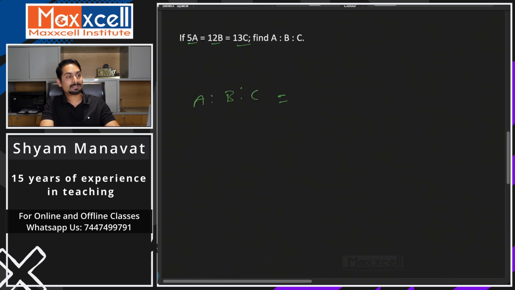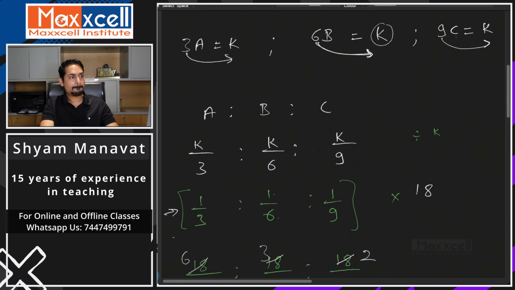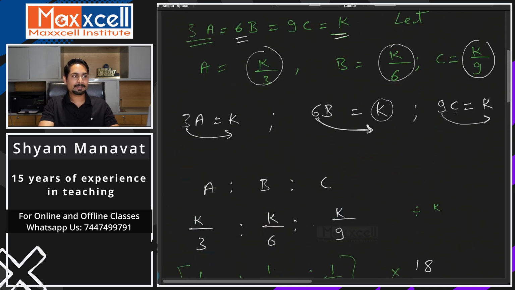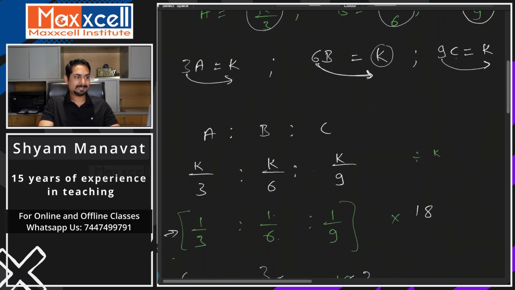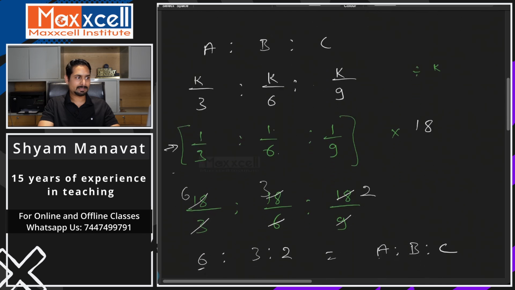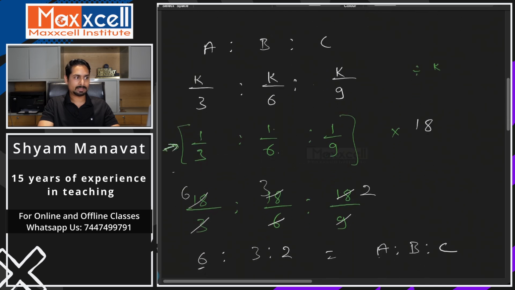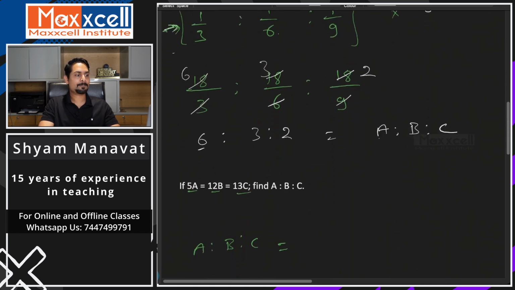I'm skipping some steps. Which are the steps I'm skipping? Assuming them equal to K, and then substitute them, divide by K. So I'm skipping this step and directly jumping onto this 1 upon 3, 1 upon 6.